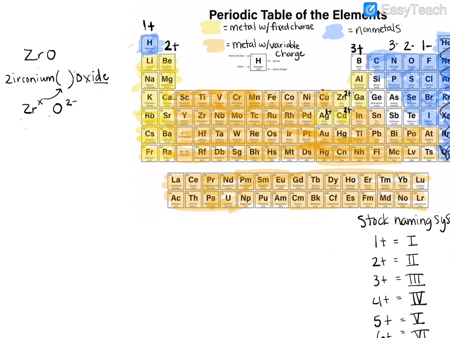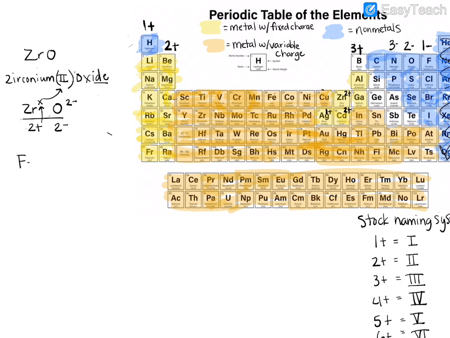Let's make sure we use that. If this is 2 negative, and this compound has to be overall chemically neutral and have a charge of 0, that means that this is a 2 positive charge right here, that zirconium has a charge of 2 positive. And once again, 2 positive is represented with Roman numeral 2, and that's what we're going to put in the parentheses.